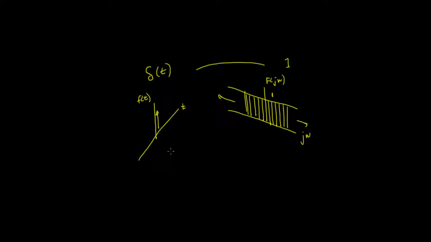Now if we find the Fourier transform of delta t minus t naught, so here's a function, let's say that's t naught there. Now that's our time axis, that's f of t, and that function there is delta t minus t naught, so we've got a delayed impulse.